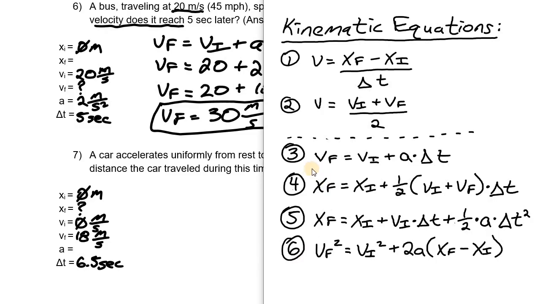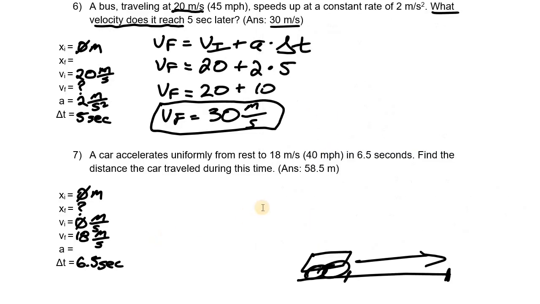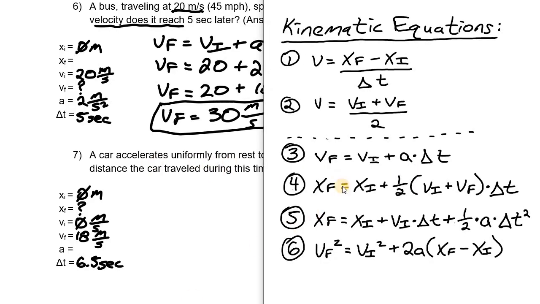So coming through here, first of all, is the problem having to do with the average velocity? No, right? So we're just going to come back down here. Once again, looking through here, does it have to do with average velocity? No. So we're just going to be identifying these equations over here, looking for the variable that we don't care about, which once again is acceleration. So over here, we have acceleration right there.